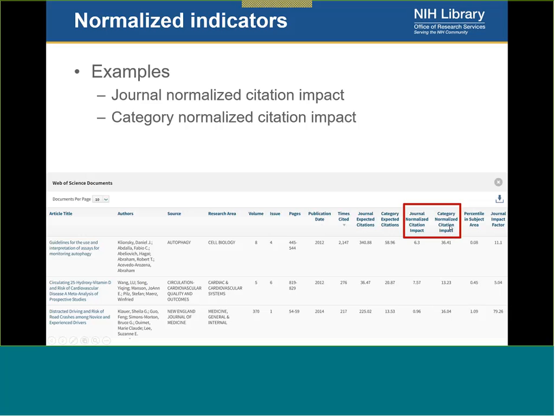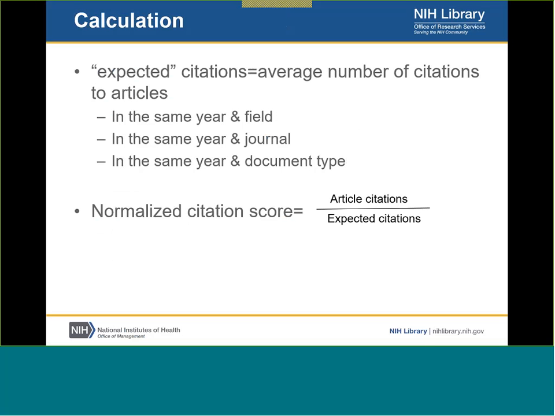And these are the two indicators that I have listed here: category normalized citation impact and journal normalized citation impact. You might wonder what they are and how they're being calculated. Okay, so the calculation is that for all of these expected citations, basically they mean the average number of citations. So you're looking at some sort of an average.